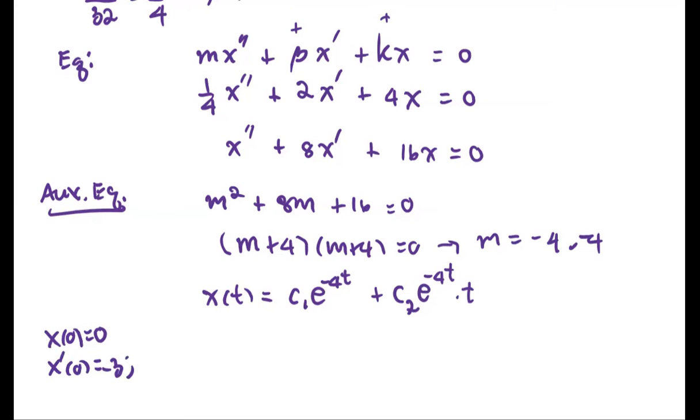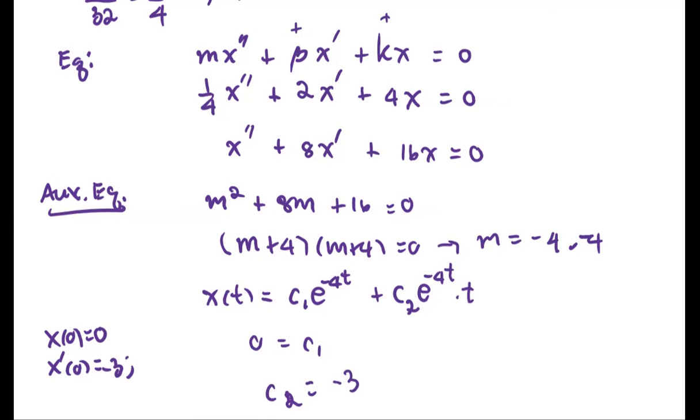So we get that 0 is a quick one. So this is c1. Oh, that's nice. C1 is 0, so this term is gone. Then for the x prime, I'm going to cheat again. Since c1 is 0, c2 is going to be negative 3, because it's based on the derivative.